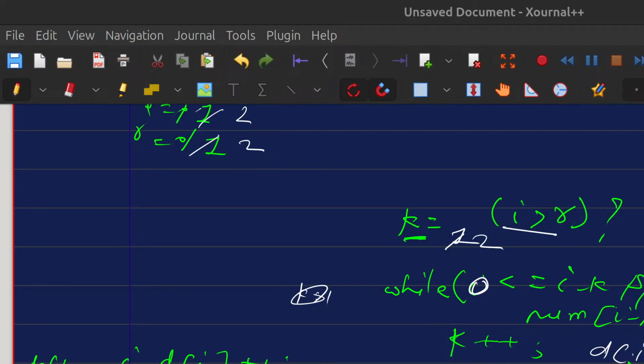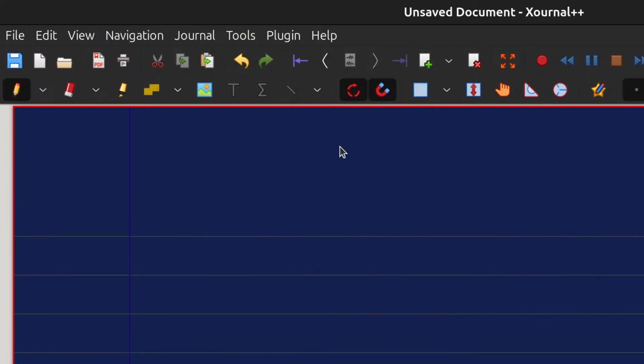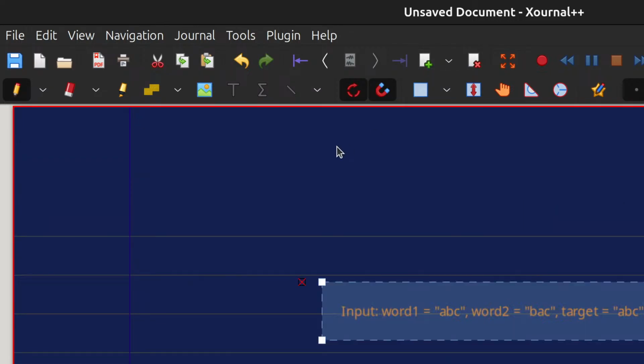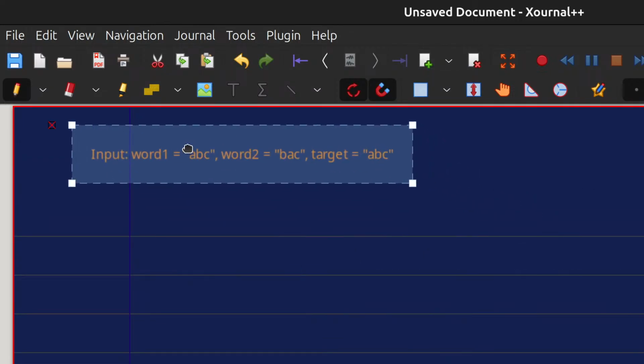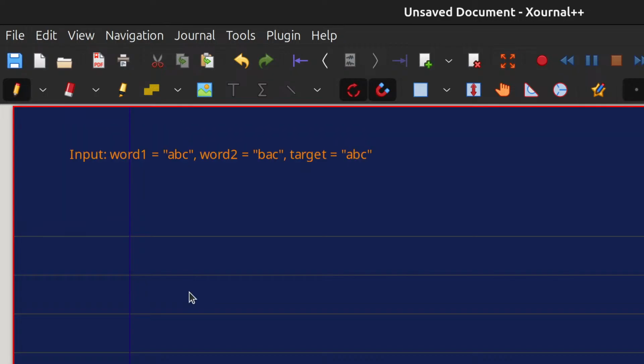Let's just take this example here, right? We have word 1 ABC, word 2 BAC and target as ABC.